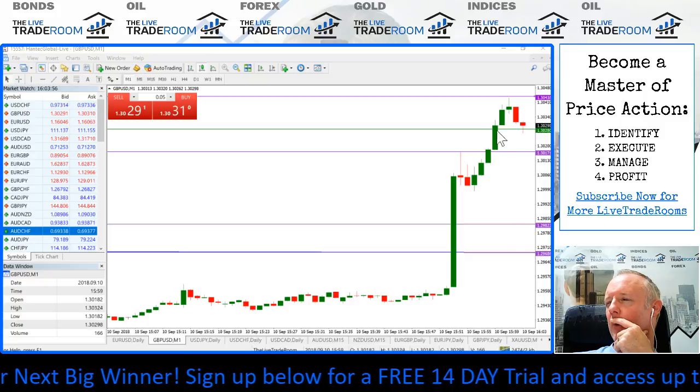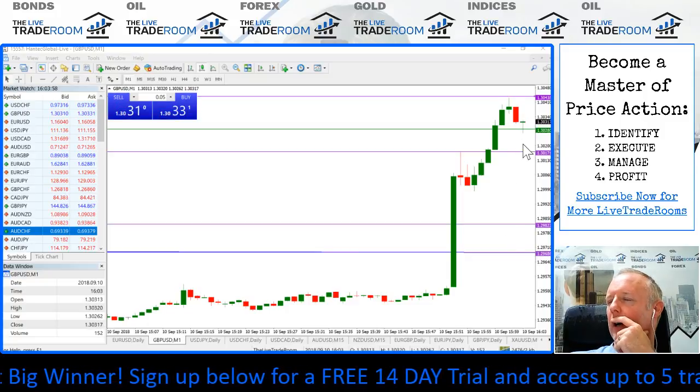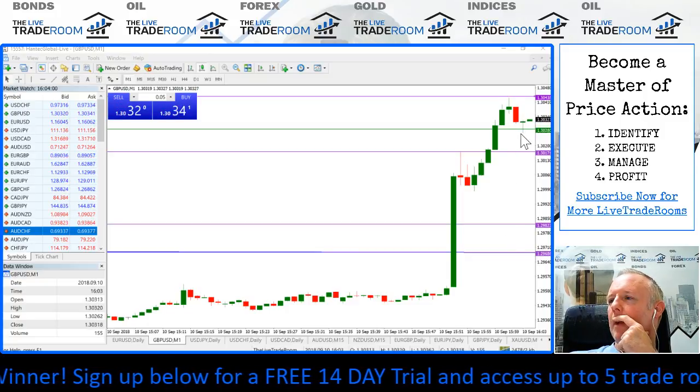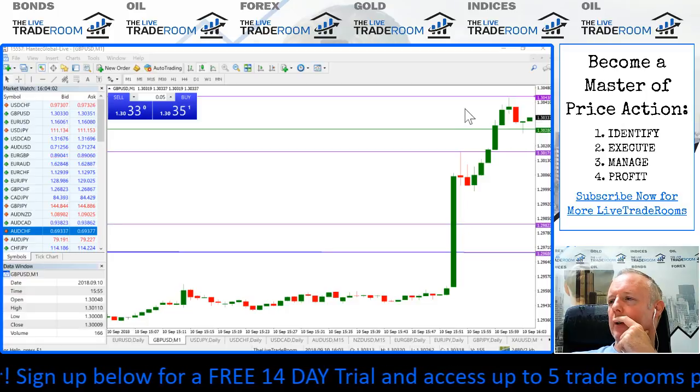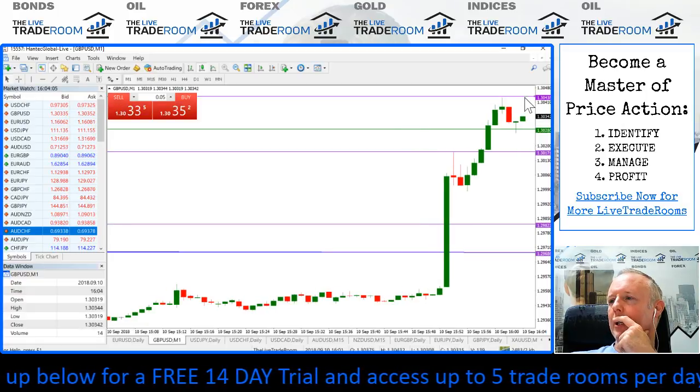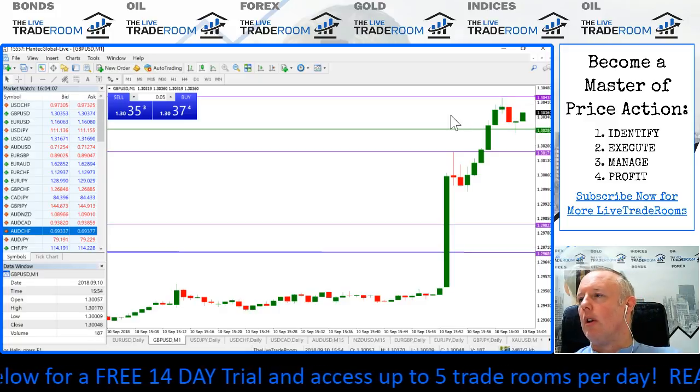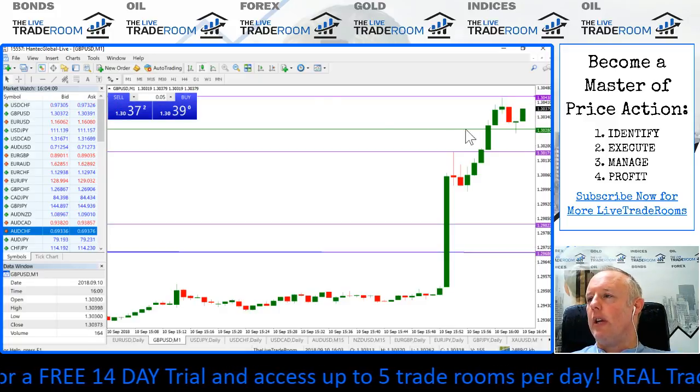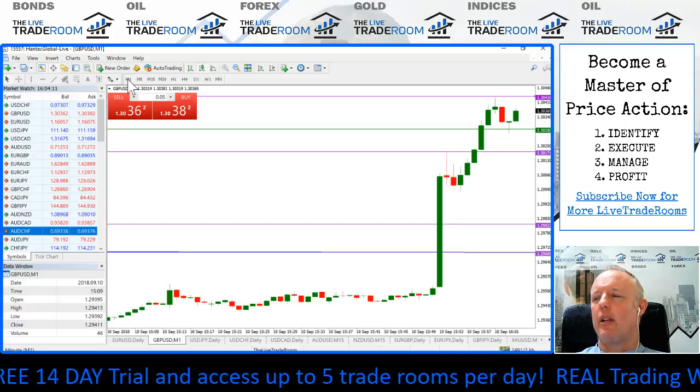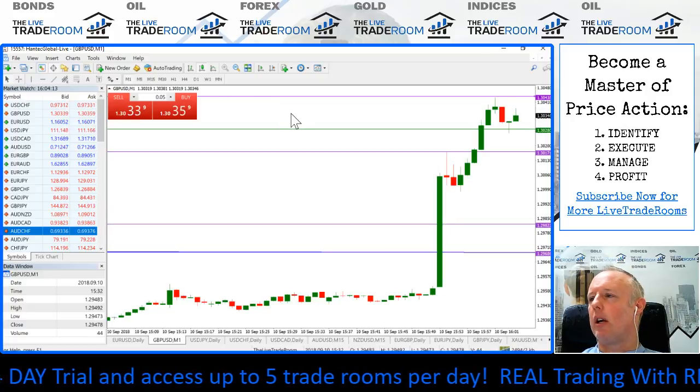So only a small pullback off the highs. But even this pullback would give us an opportunity to use this low in here. So let's go into this on the minute time frame, which we are currently in.